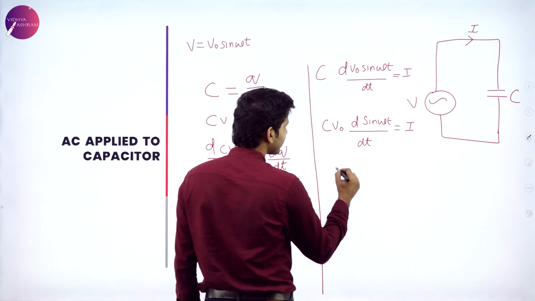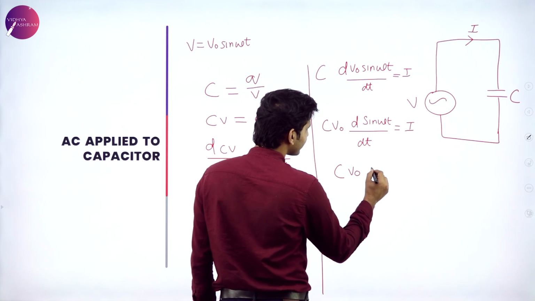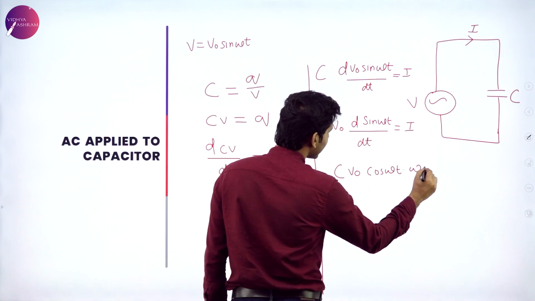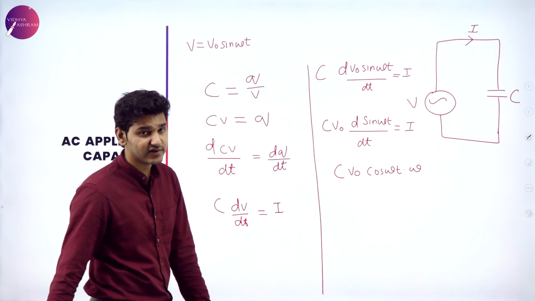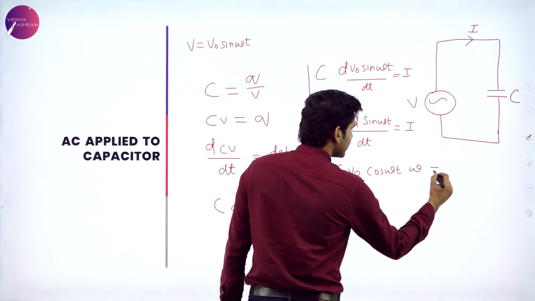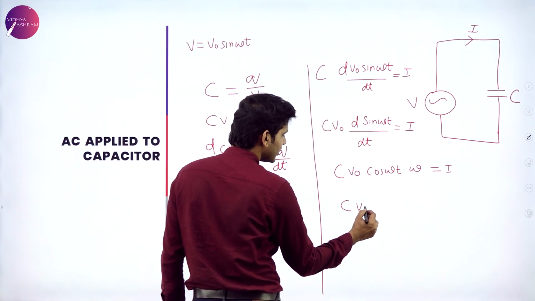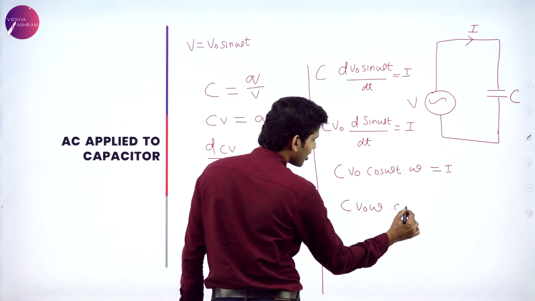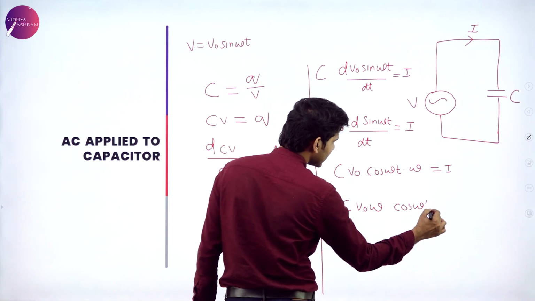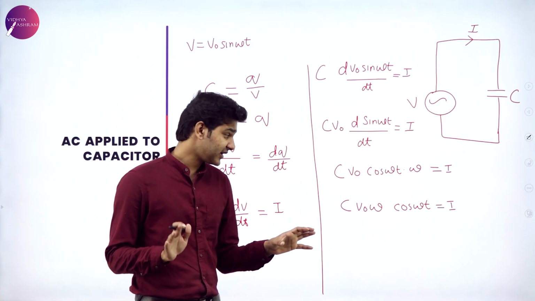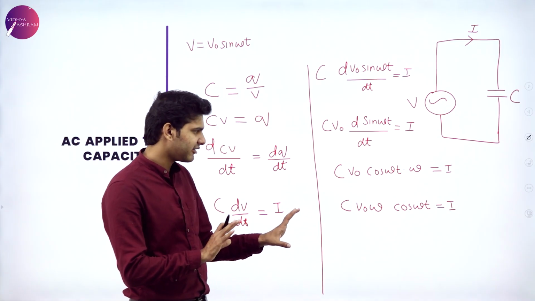So applying the chain rule, we get CV naught omega cos omega t is equal to I. So this is the expression, but it is not looking very nice.